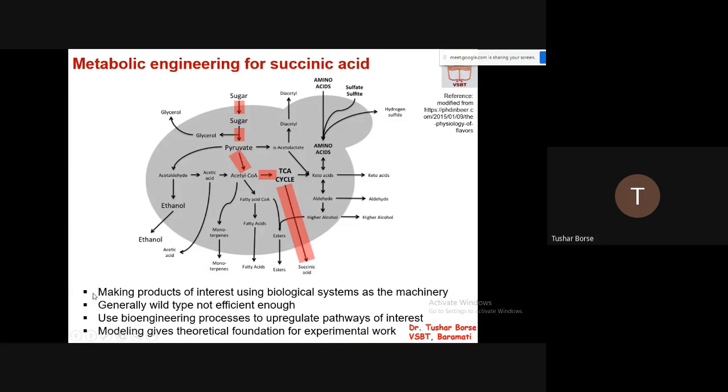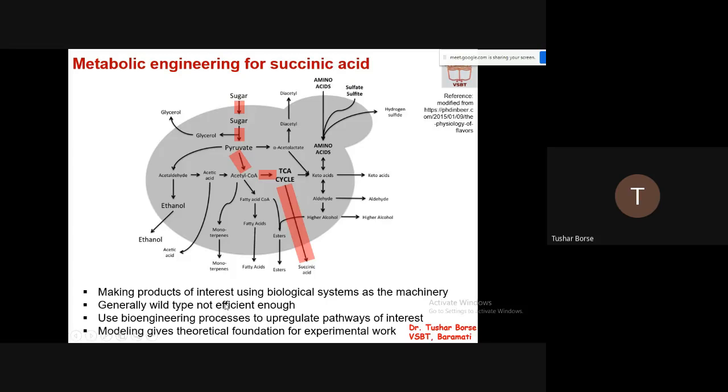So this is what we are going to study as an example. Afterwards, making products of interest using biological systems as the machinery is the main aim of our metabolic engineering. Why? Because the wild types are not efficient, or they are not able to produce your product of interest in higher concentration. So that is one of the disadvantages of the wild type.